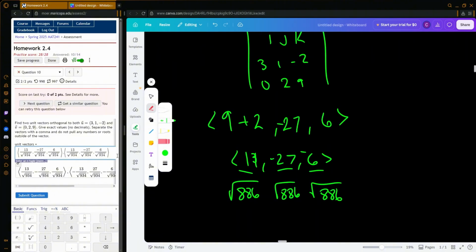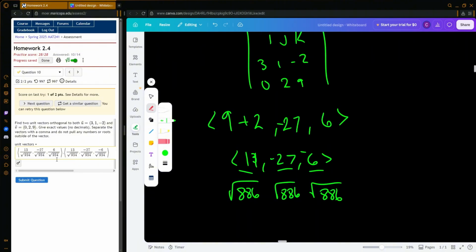This coordinate. Oh, that's right. I flip all coordinates over.